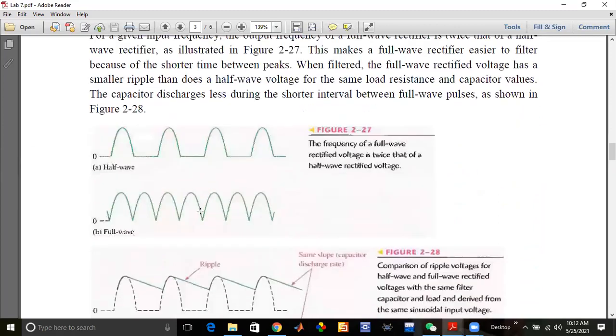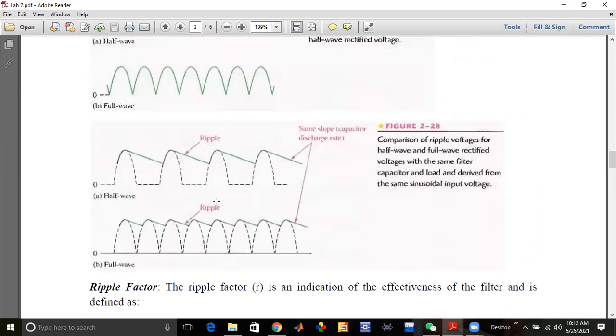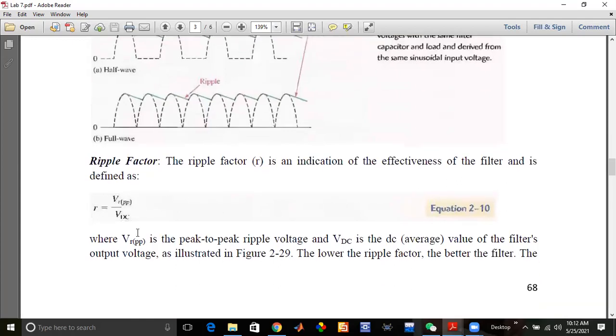And for output, this is the output of the half-wave rectifier, and this is the filter operation. What is meant by ripple factor? The ripple factor is the indication of the effectiveness of the filter. It is denoted by r, and it is the ratio of VR divided by VDC.